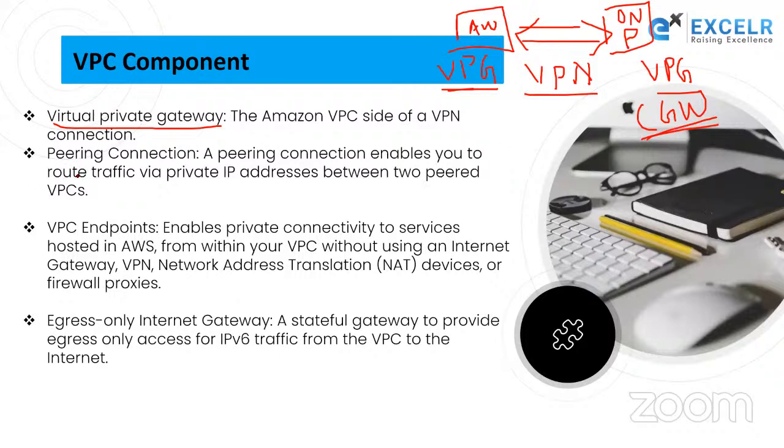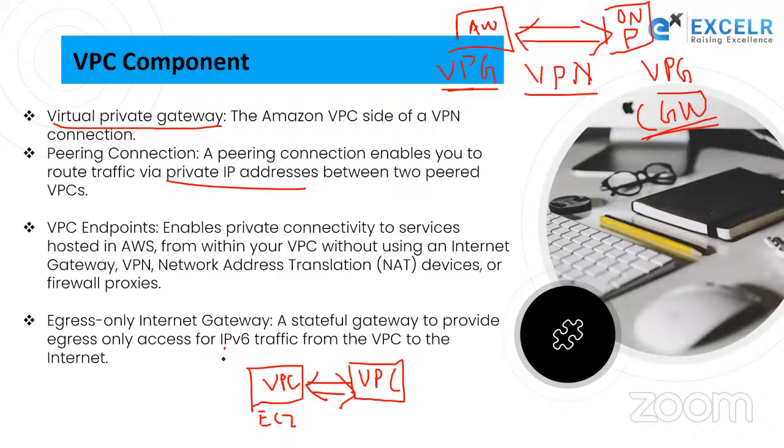Then when you want one VPC to talk to another VPC, now I told you earlier, all VPCs are isolated, so two VPCs will not be able to talk to each other. If you want to make these two talk to each other, we need to create something called VPC peering. By doing VPC peering, whatever EC2 machines are part of these VPCs will be able to talk to each other by using a private IP address.